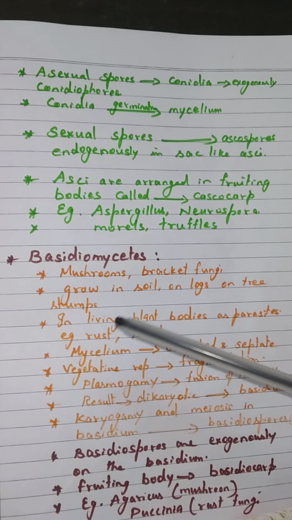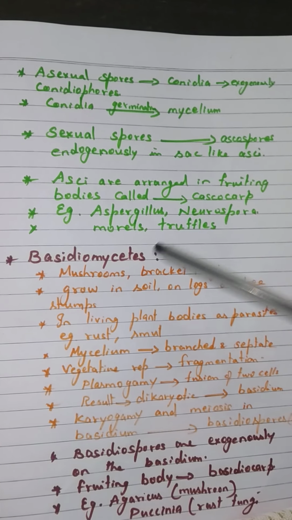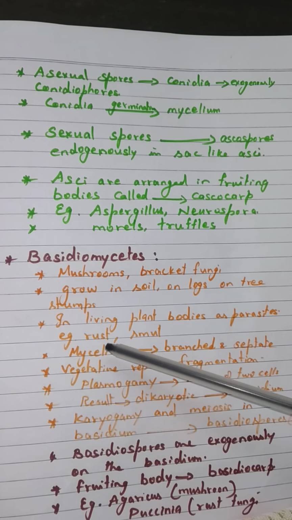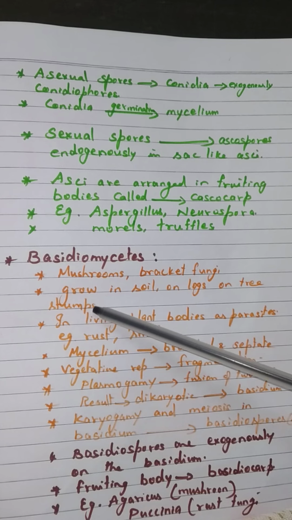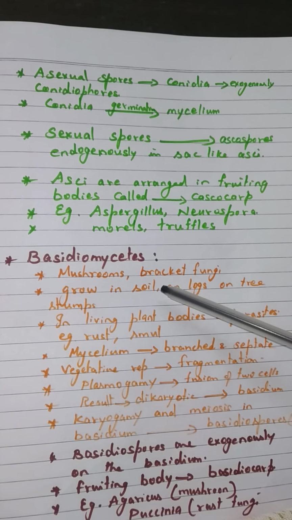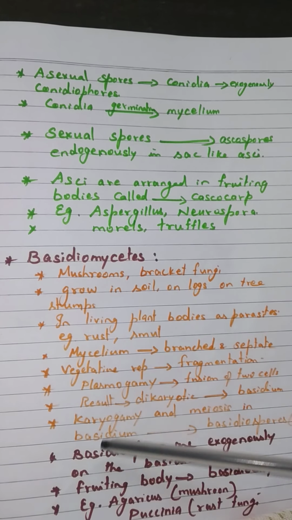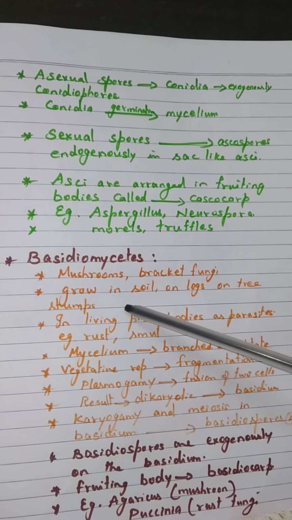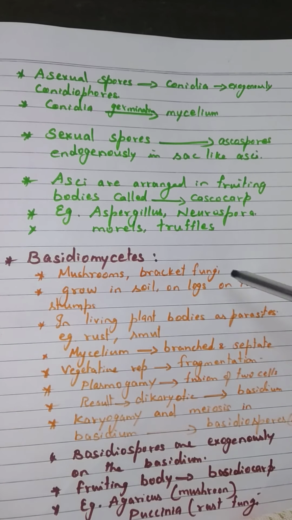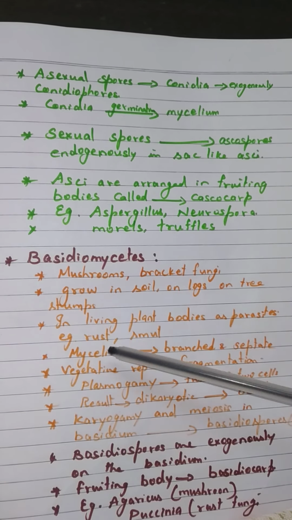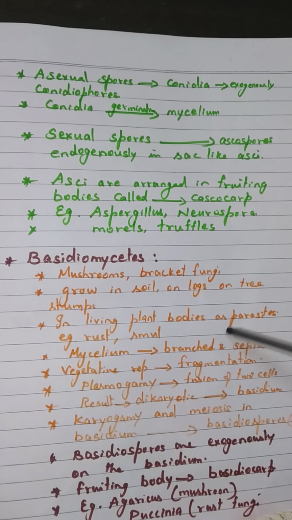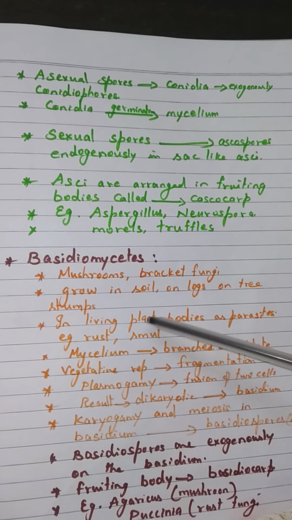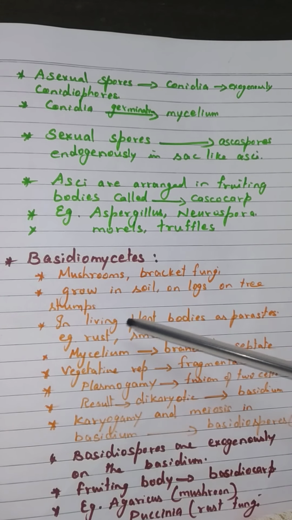Basidiomycetes are commonly known forms such as mushrooms and other fungi. They grow in soil, on logs, on tree stumps. In living plant bodies, they live as parasites. Examples, rust and smut.